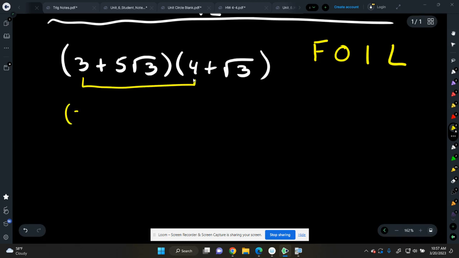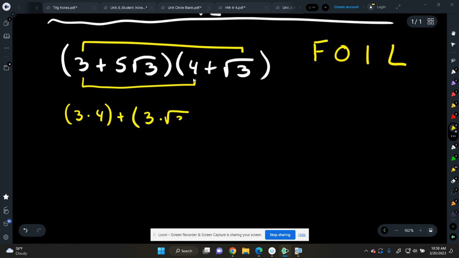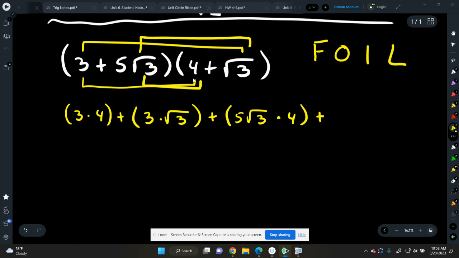So we get 3 times 4 plus, now we're going to do the outer. 3 times the square root of 3 plus the inner, which is going to be 5 root 3 times 4 plus the last, which gives me 5 root 3 times root 3.